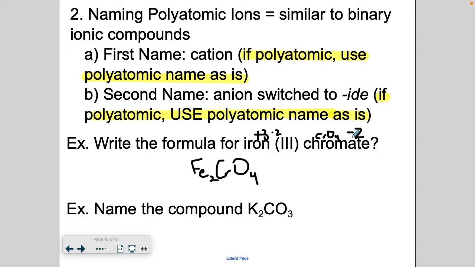So how many times do I got to multiply chromate to get to 6? 3. So to show that, you got to stick parentheses. This is a polyatomic ion, and I want to show, hey, you got to multiply everything inside the parentheses by 3.